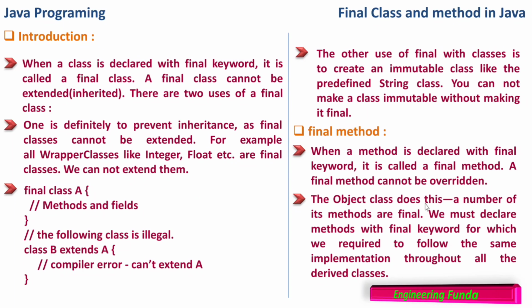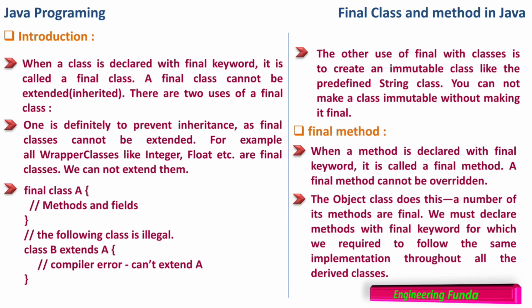The Object class does this. The Object class is the first-most class in the hierarchy of Java programming. A number of its methods are final methods. We must declare methods with the final keyword for which we require the same implementation throughout all the derived classes. For example, there is this method println in System.out.